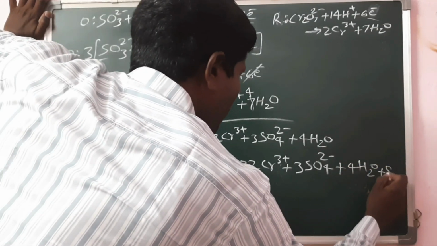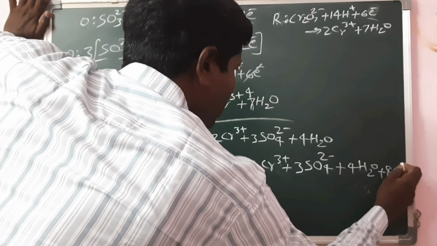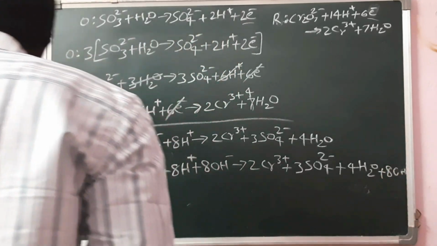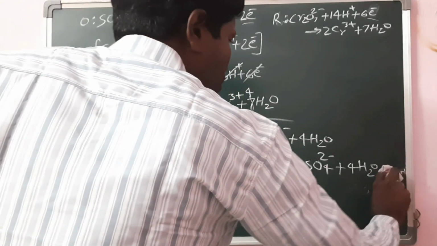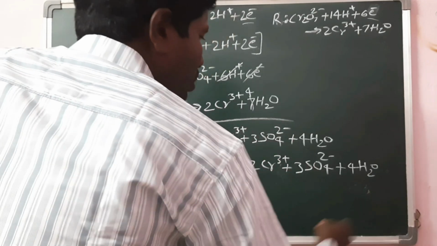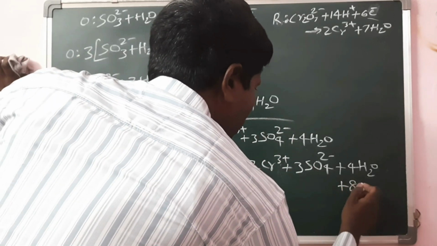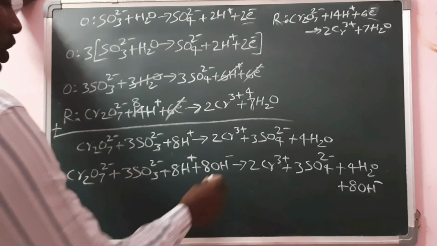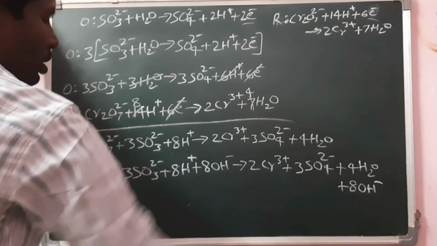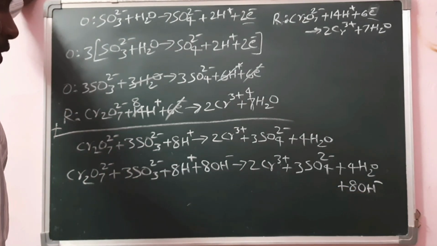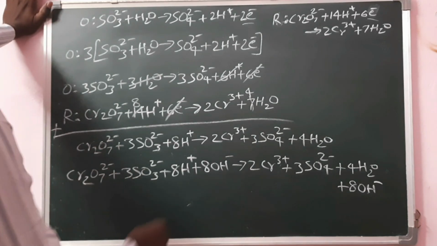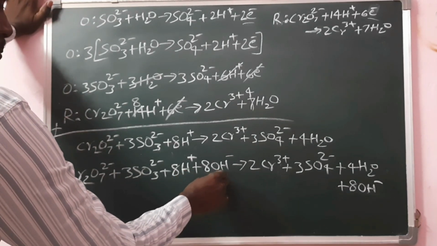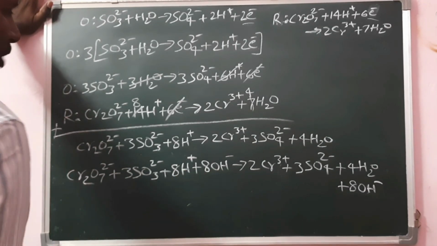The OH minus ions must be added to both sides to keep charge and atoms balanced. The H plus ions and OH minus ions present on the same side form water.